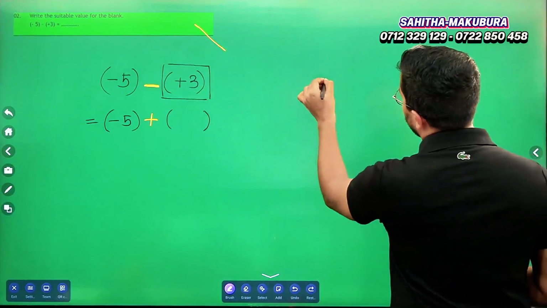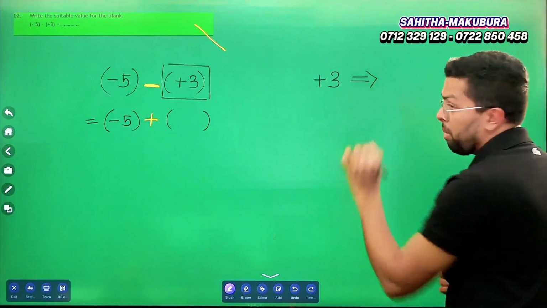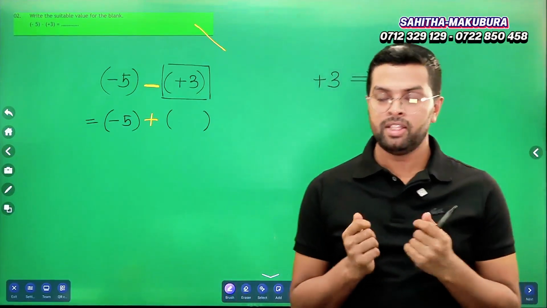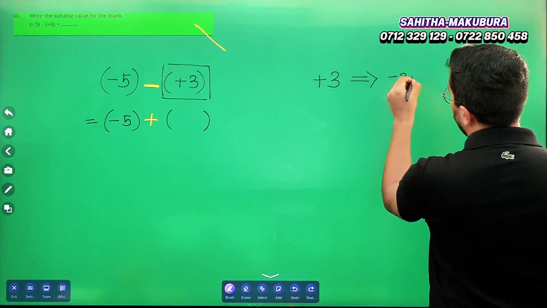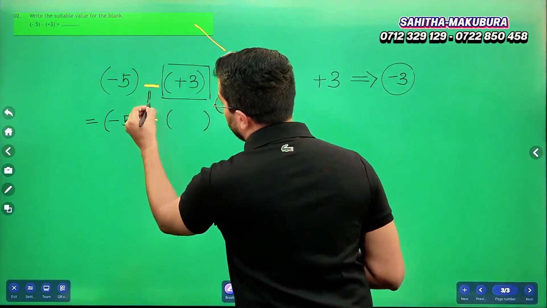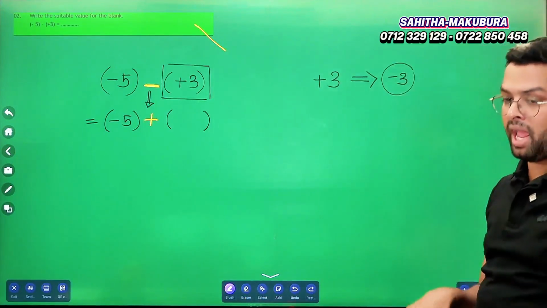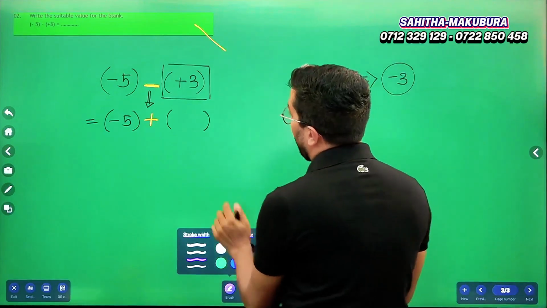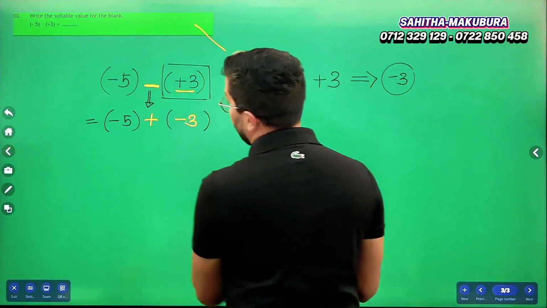When you consider the additive inverse of positive 3, can you remember? What is the additive inverse of positive 3? Yes, the additive inverse of positive 3 is negative 3. Since we have changed the mathematical operation from subtraction to addition, you need to make sure you are taking the additive inverse of positive 3, which is negative 3.